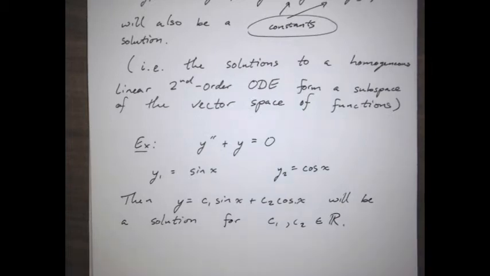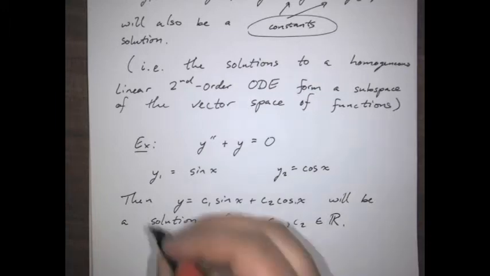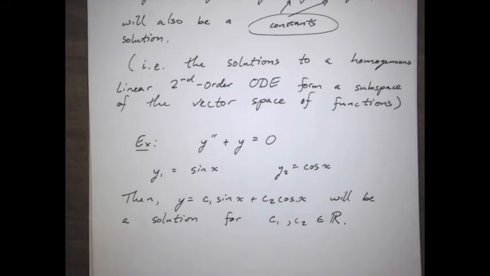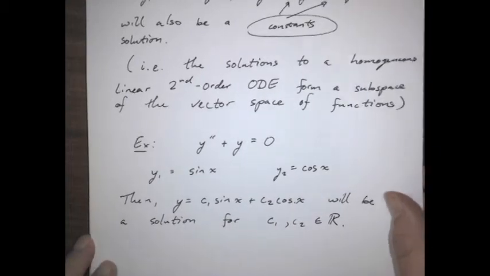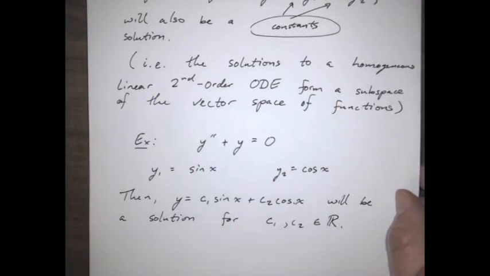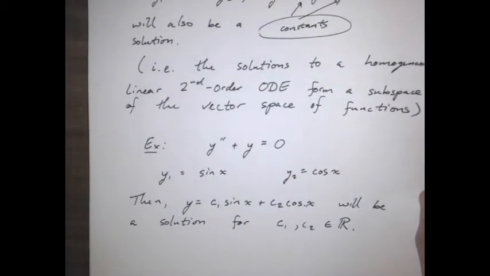So c1 and c2, any real numbers. Now, linear combinations of functions mean the same thing here as they did when we were talking about vector spaces, linear combinations of vectors. And by a similar token, we can actually say something about what amounts to a basis for this subspace.